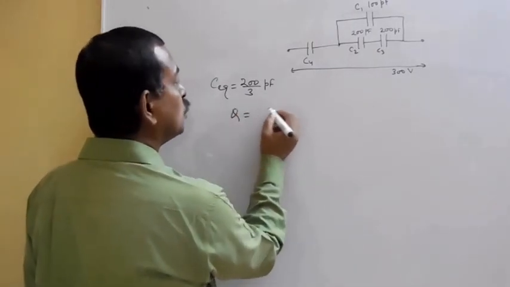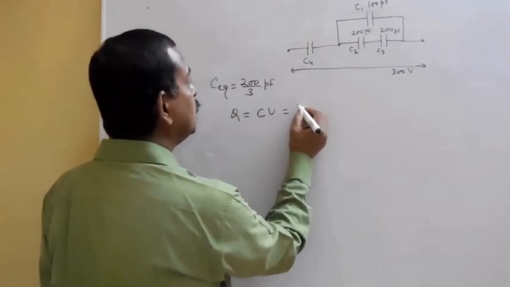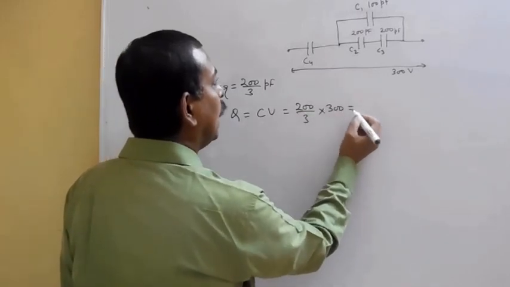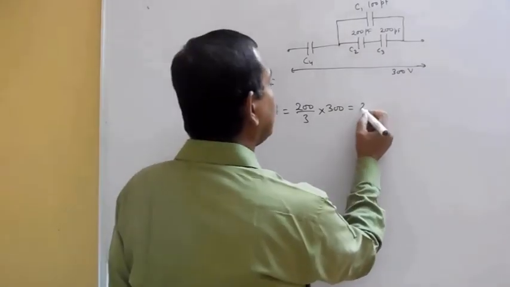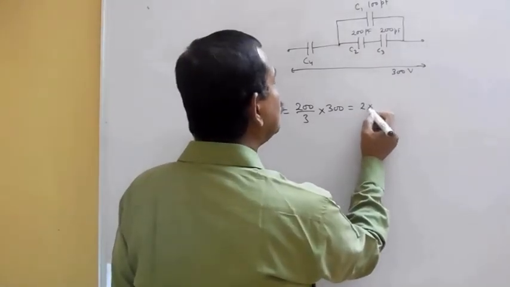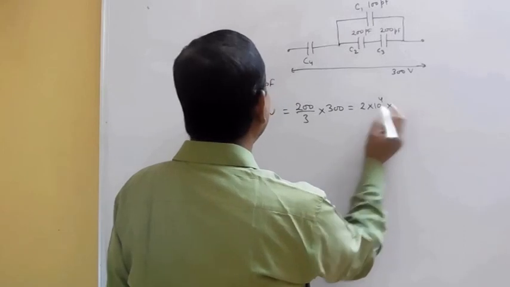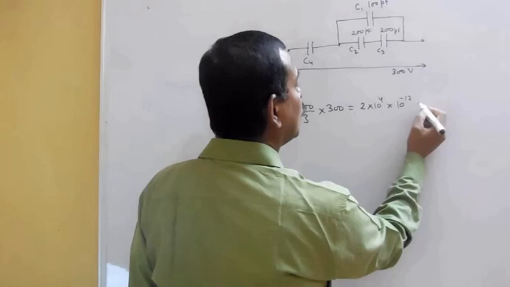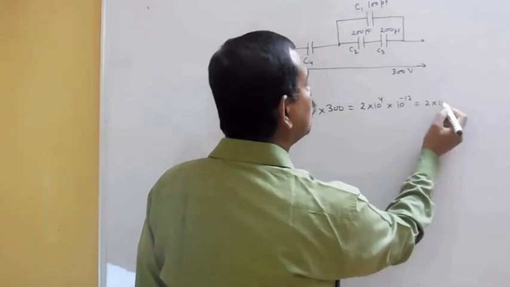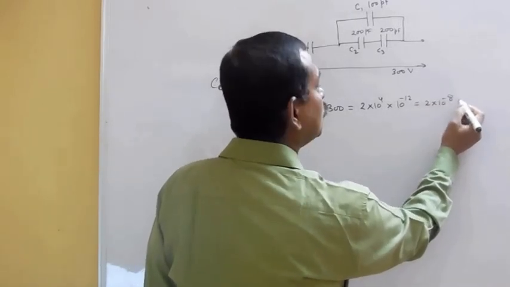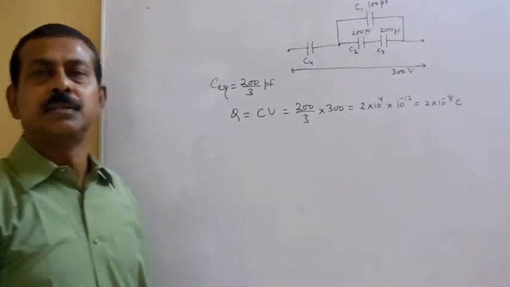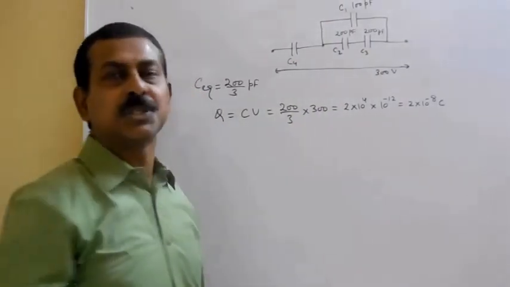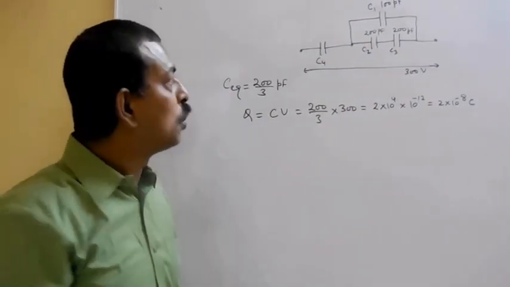So we can find the charge flowing through the circuit, Q equals CV, which is 200 by 3 into 300, which is 2 into 10 to the power 4, and since it is pico, 10 to the power minus 12, that is 2 into 10 to the power minus 8 coulomb. This is the charge flowing through the entire network of capacitors.